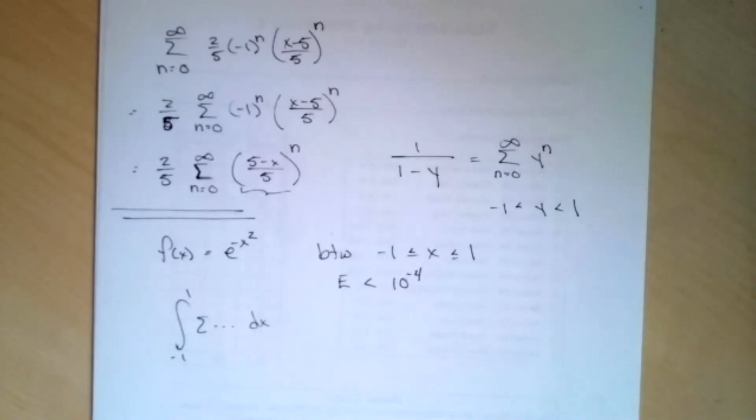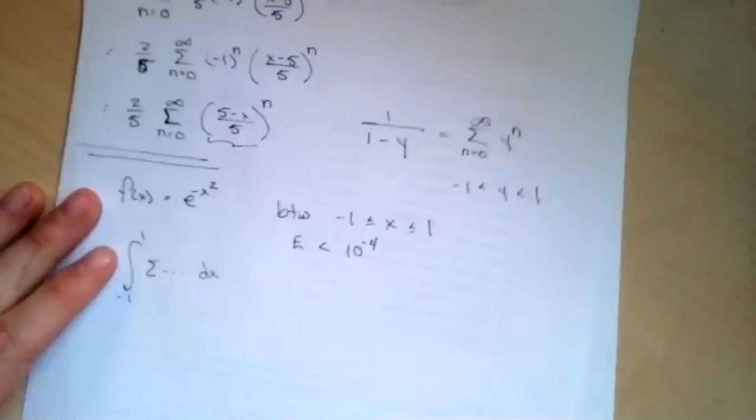What do you mean by some value of n? When you take the integral of this, you're not going to have any more x's, but you're still going to have n's in your answer. So then do you just set that as less than 10 to the negative fourth and then isolate n? Kind of. So you'll integrate.